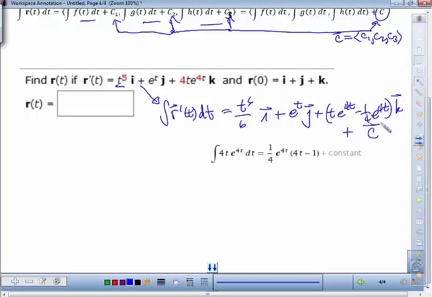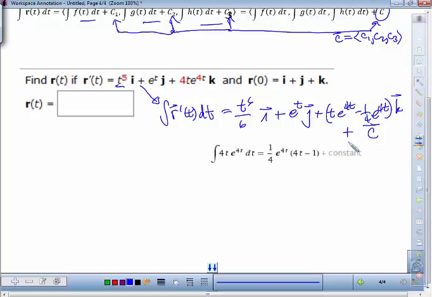Okay? And then you have that extra constant vector sitting outside. The components of the constant vector are the arbitrary constants that came out of each of these things. So this would be your potential r vector.